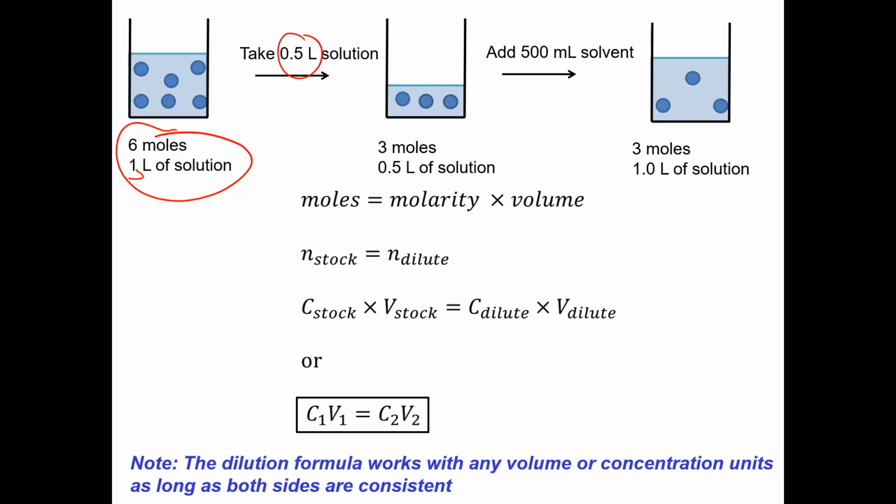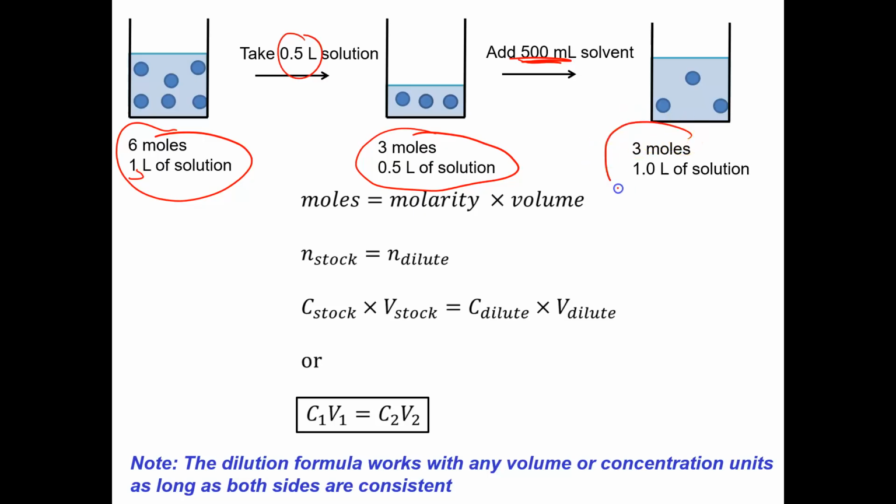So in that half I've taken, I have half the number of moles that I originally had, and also half the volume. Then I dilute it by adding an equal volume of solvent, which doubles the solution volume.